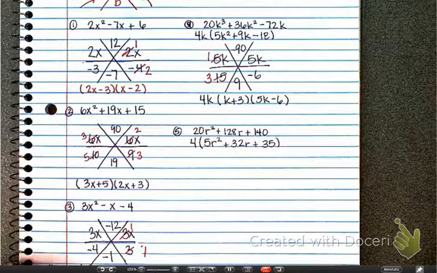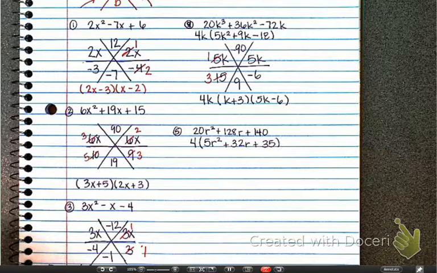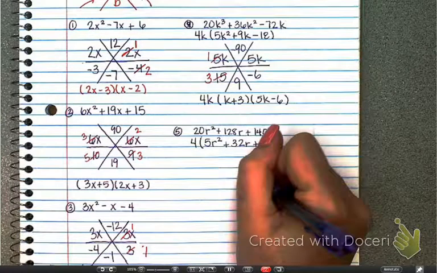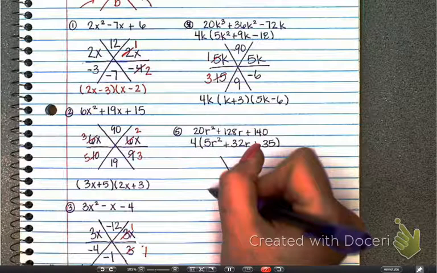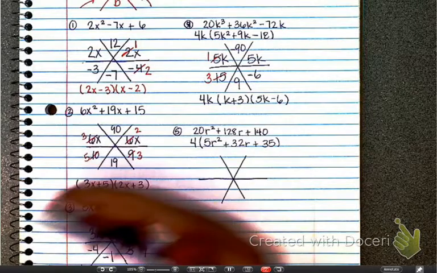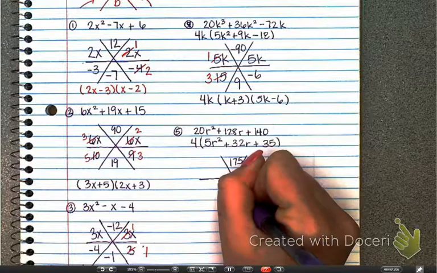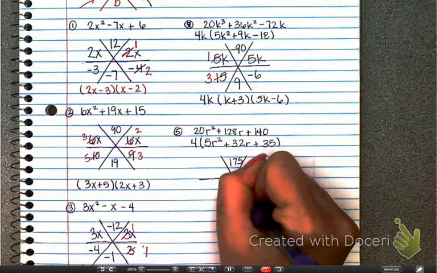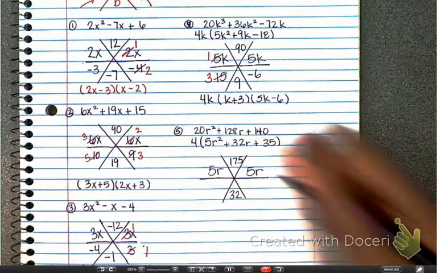When I look at 5, 32, and 35, I know there's not a GCF, so I'm going to come back to my super x and plug in what I know. So 5 times 35 is 175. I'm putting 32 on the bottom, 5r, and 5r.